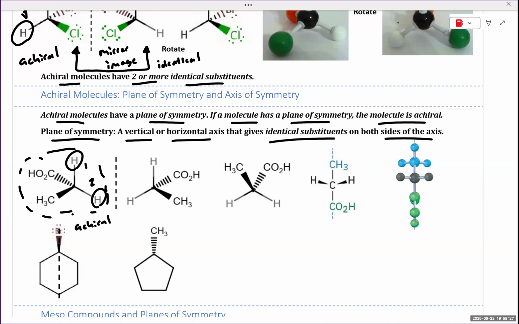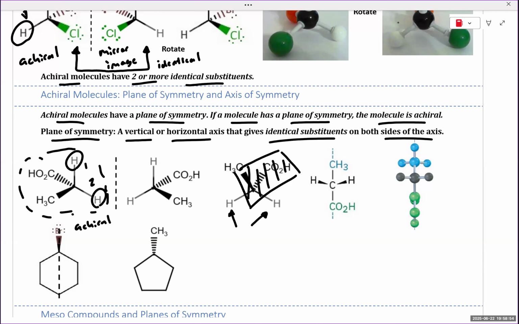Another way we can prove that is by drawing out and showing the plane of symmetry or axis of symmetry. In this case, if we split the molecule directly in half, directly along this vertical plane, we see that we have the exact same substituents on each side of our plane of symmetry. This is easy to say from a top-down view.